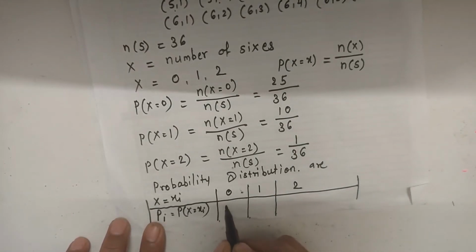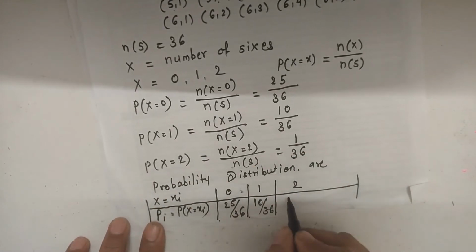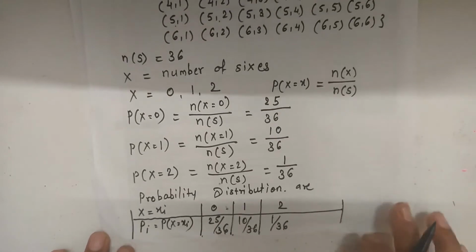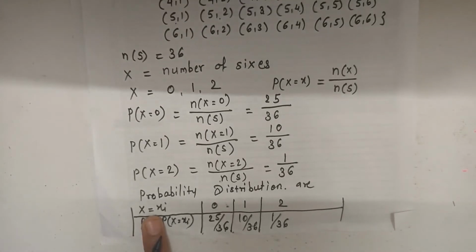For x is equal to 0, 25 by 36. For x is equal to 1, 10 by 36. And for x is equal to 2, the corresponding probability is 1 upon 36. And this is the probability distribution table for random variable x.